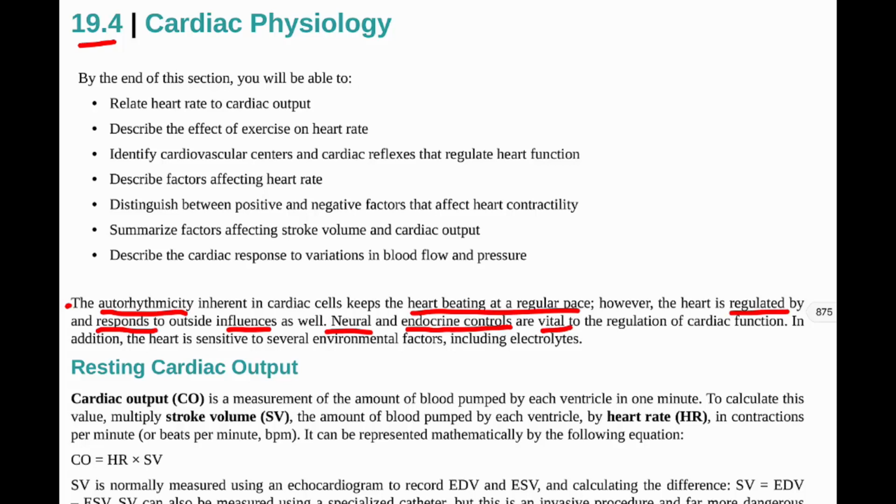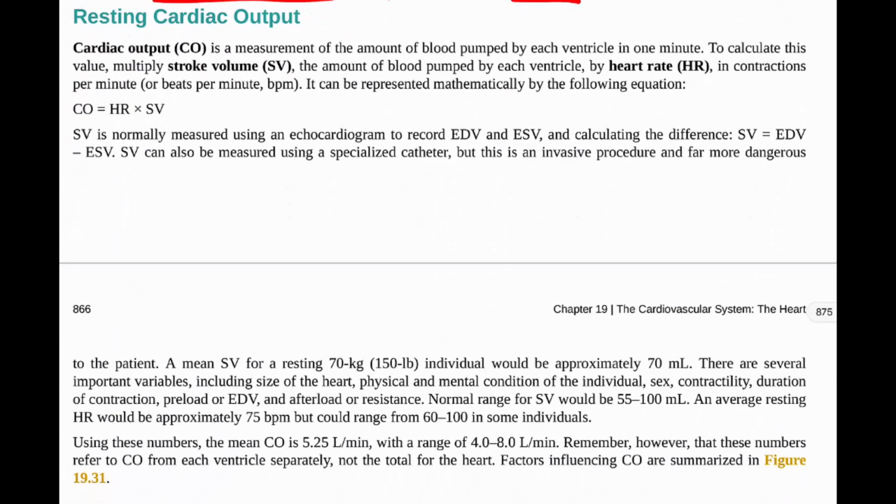But mostly what we really need here are neural and endocrine controls. Also, our heart is very sensitive to environmental factors, including electrolytes, and we'll take a closer look at that as well.